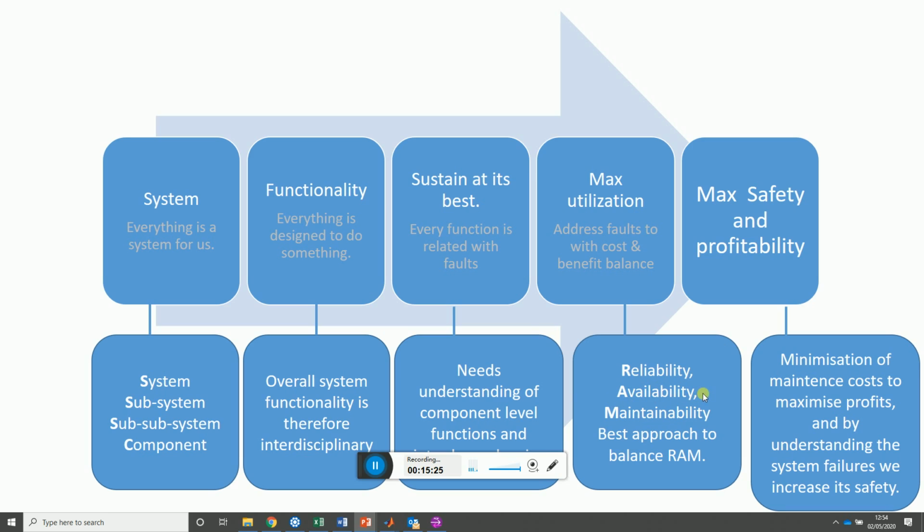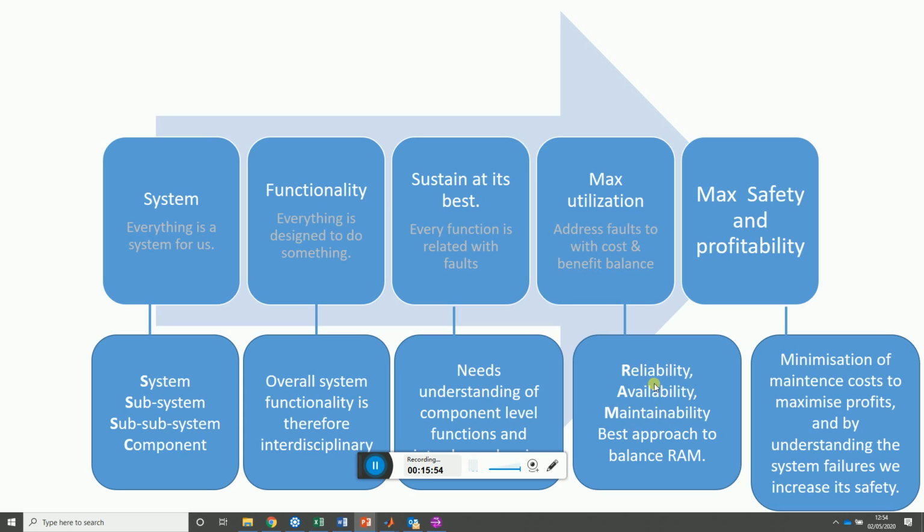It will be available to perform the functionality when we address the faults. And by addressing the faults, we are building a maintainability function for the system. And we do this reliability, availability, and maintainability function by using the best approach that balances all these three things.